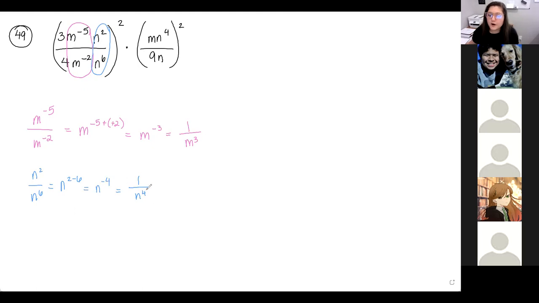Okay, so far I have m and n in my denominator, right? So if I were to simplify this in full, 3 would be left in the numerator, 4, m to the third, n to the fourth would be in the denominator, right? Because these guys are in the denominator. And so really 3 is the only thing that's left. So then I'm going to go ahead and put 2.